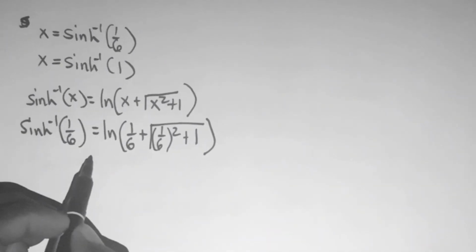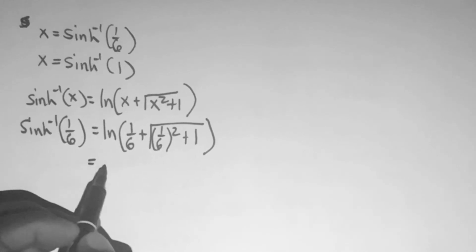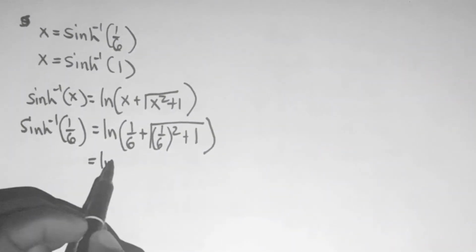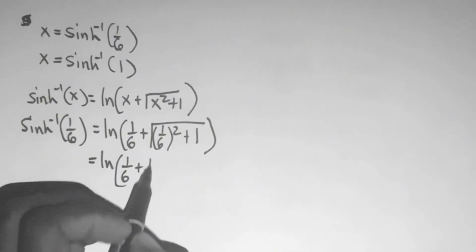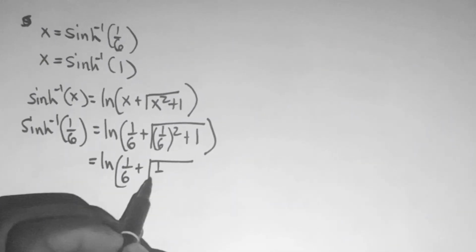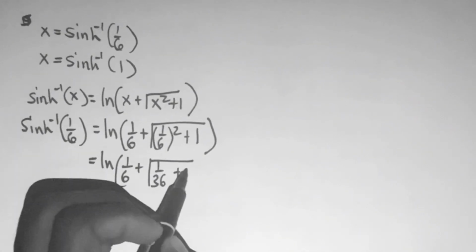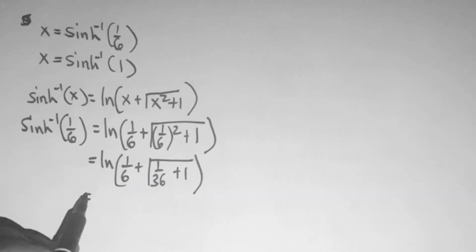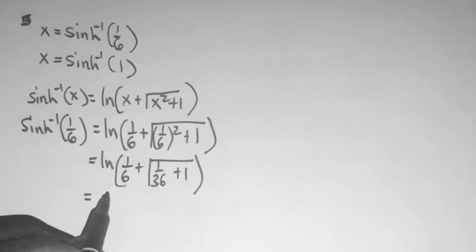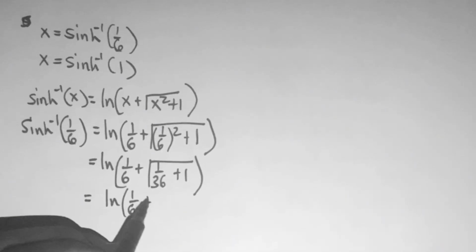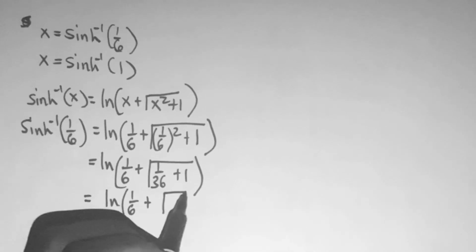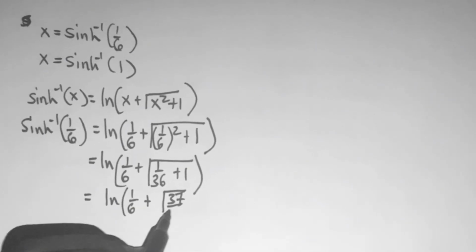So it becomes ln of 1 over 6 plus square root of 1 over 36 plus 1, which is equal to ln of 1 over 6 plus square root of 37 over 36.